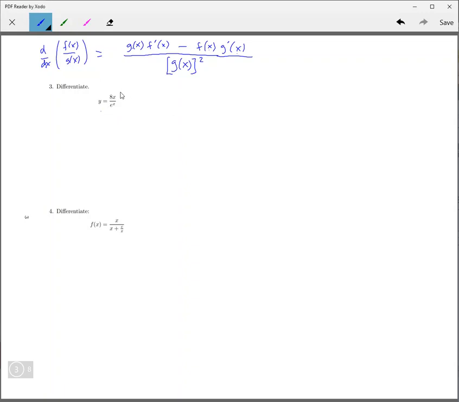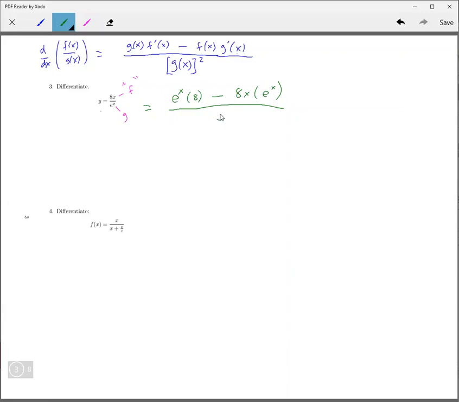Okay, so in this case, this 8x is our f, and our e to the x is our g. So the bottom one, low, d high, so the derivative of 8x is 8, minus the high, which is 8x, times the derivative of the bottom, which is, the derivative of e to the x we learned last time was just e to the x.